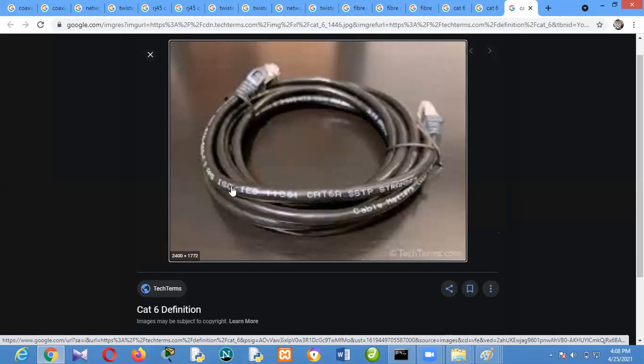Can you see this? ISO, IEC, whatever, but my concern is the Cat 6A. That's what is written here. So this is actually a short cable, because sometimes, instead of terminating the cable yourself, you can go and buy the one that is already made. So this is a Cat 6 cable and they terminate it with A. That's what it means.